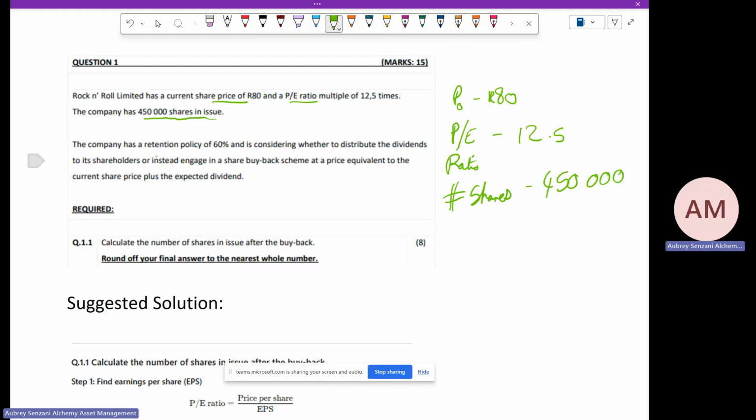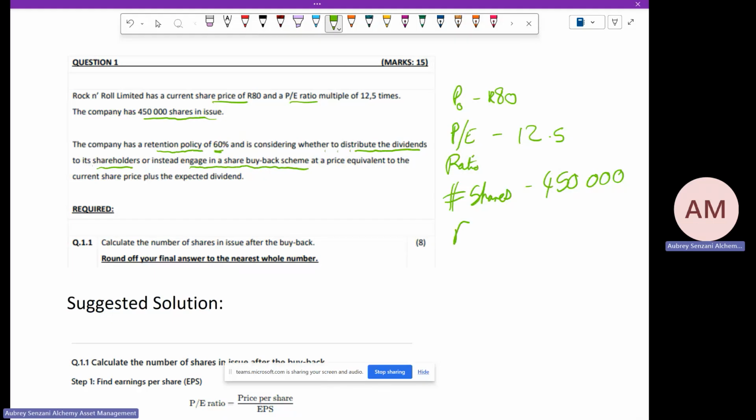Right. So then we have, it says the company has a retention policy of 60%, and is considering whether to distribute dividends to its shareholders or instead engage in a share buyback scheme. So that's the dilemma there.